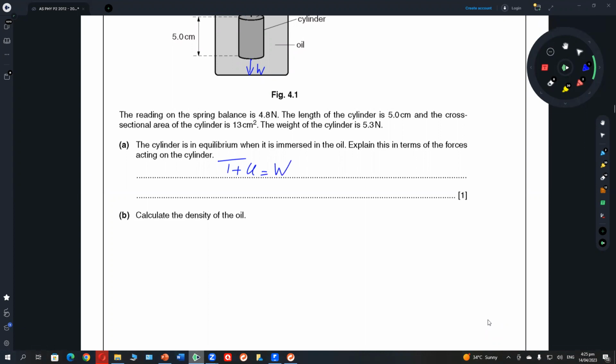That is why the resultant force is equal to 0. He says, fine, calculate the density of the oil.